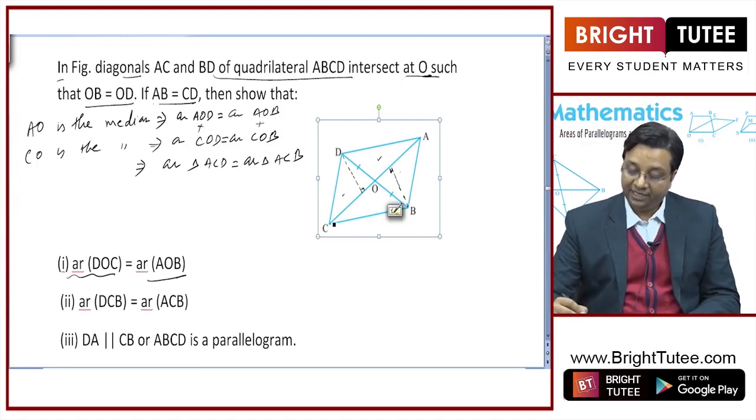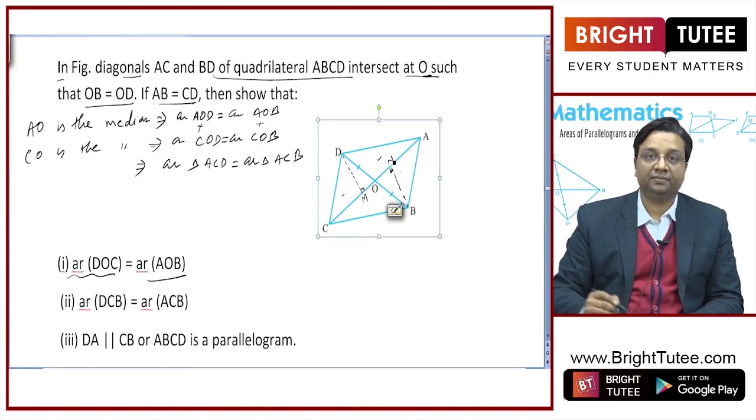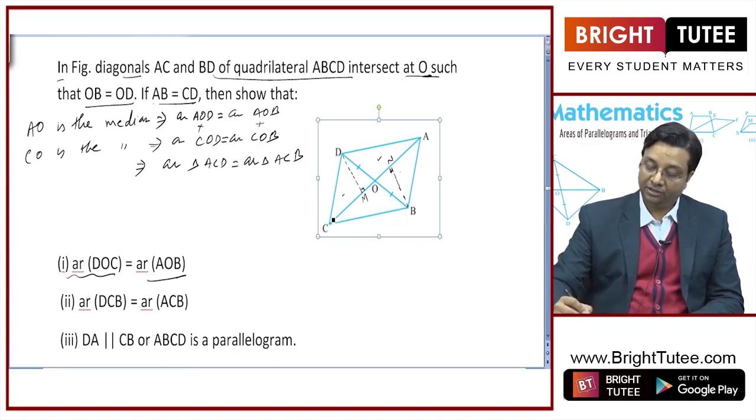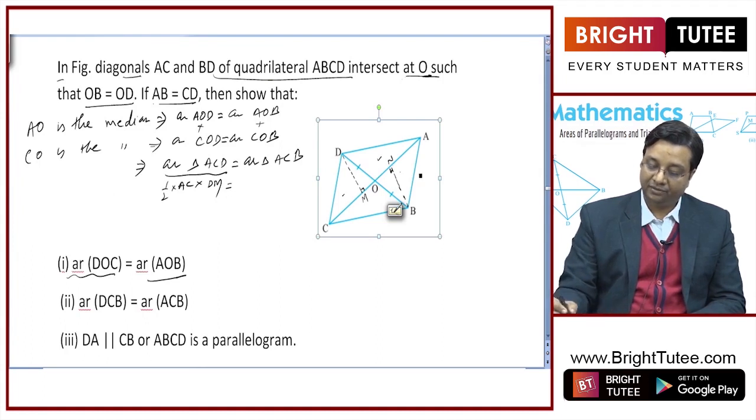Okay. If their areas are equal, can I say these perpendiculars DM and BN will also be equal? Yes, because they have got same base AC. What I mean to say is, area of triangle ACD is what? Half into AC into DM, and area of triangle ACB is equal to half into AC into BN.